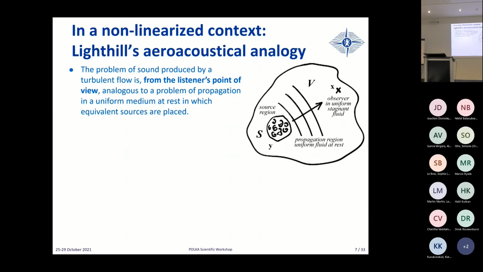So an acoustic analogy is really something to consider from a listener point of view. An analogy doesn't necessarily try to explain what is happening there. And the thing that can be misleading with aeroacoustic analogies is that different physical interpretations of the source field can lead to the same acoustic field.